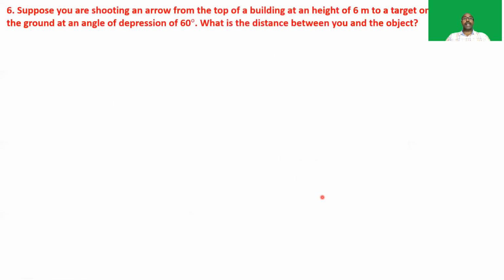Suppose you are shooting an arrow from the top of a building at a height of 6 meters to a target on the ground at an angle of depression of 60 degrees. What is the distance between you and the object? So now imagine the situation.